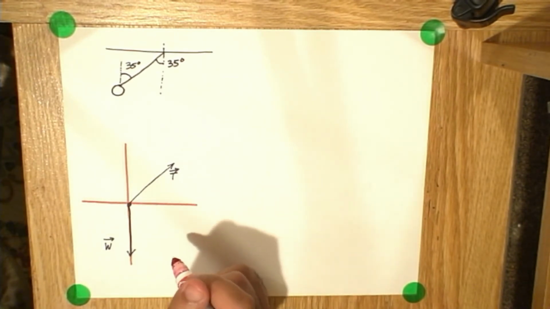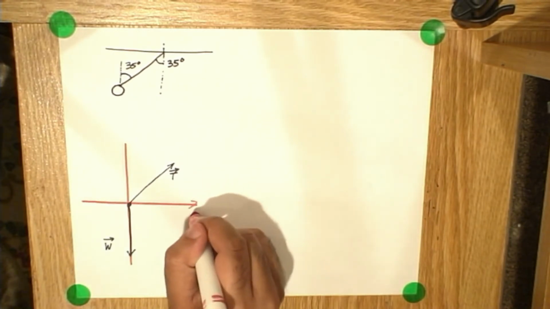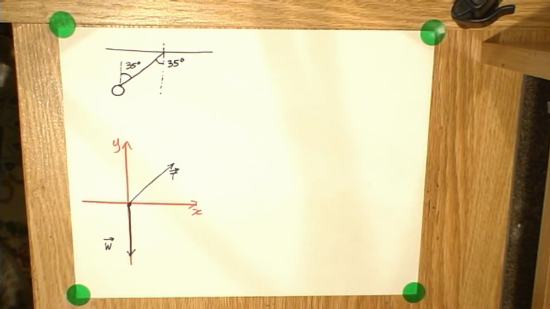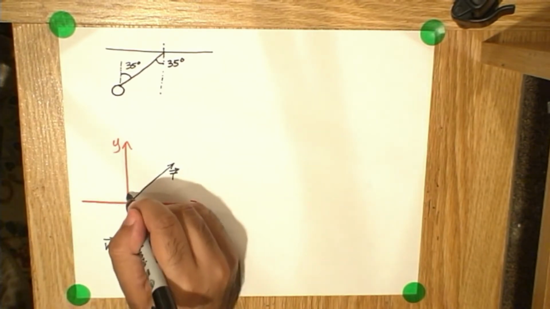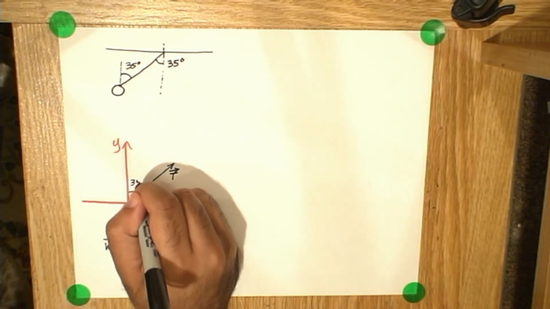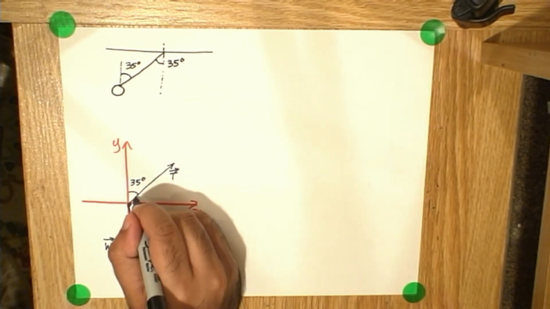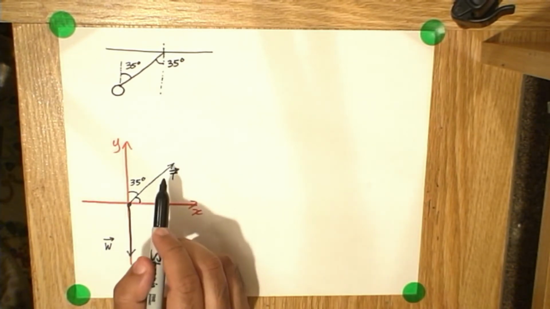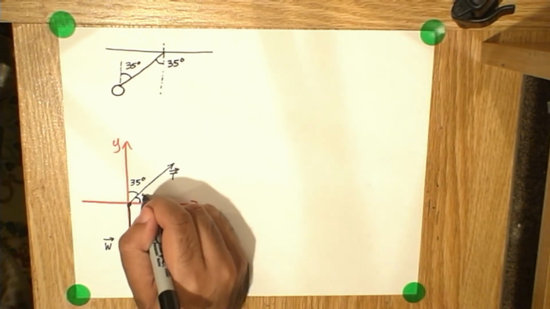So now let's draw our axes. I'm going to set my x-axis in the conventional way, and my y-axis also in the conventional way. This angle is 35 degrees, which means that this angle has got to be 90 minus 35 is equal to 55 degrees.